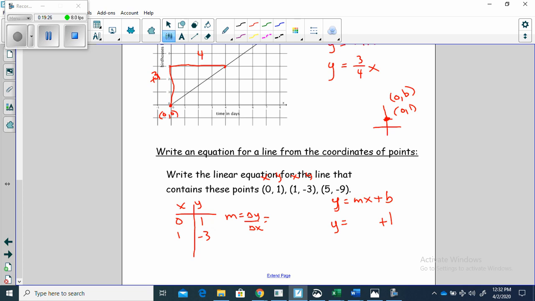My change in y would be 1 minus negative 3 over 0 minus 1. 1 minus negative 3 is the same thing as 1 plus 3. 0 minus 1 would give us negative 1. That gives me 4 over negative 1, which is negative 4. y is equal to negative 4x plus 1.